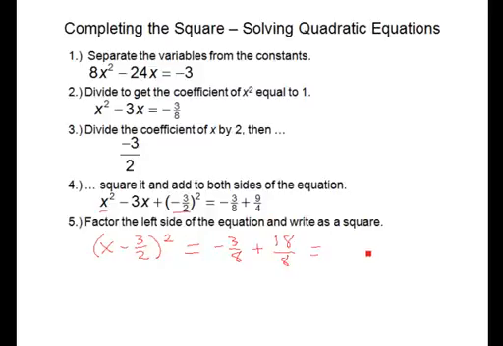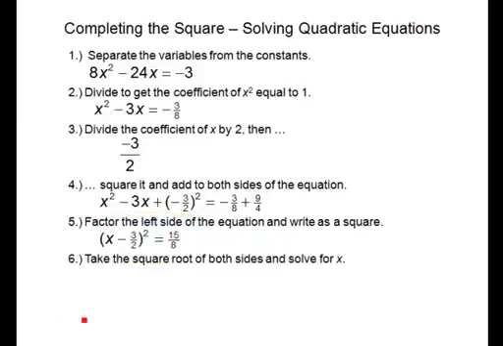This simplifies to 15/8 over here. Now, again, if I were to do FOIL on this quantity squared right here, I would get x squared minus 3x plus 9/4, or negative 3/2 squared. Okay, so this is how to write the perfect square of this side of the equation over here.